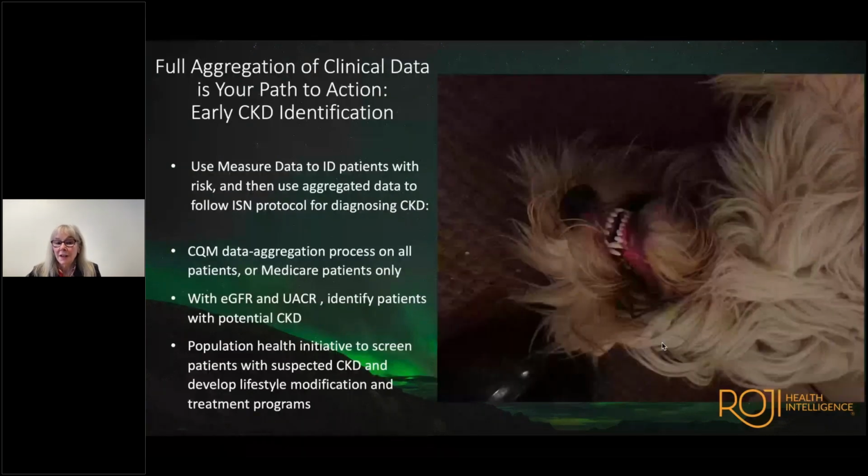In this case, full data aggregation of clinical data would be your path, either for Medicare CQM population or all patients. And you would be following an algorithm from the Society of Nephrologists, their protocol, by taking the CQM data and processing it with the blood serum level and identify those patients with chronic kidney disease.